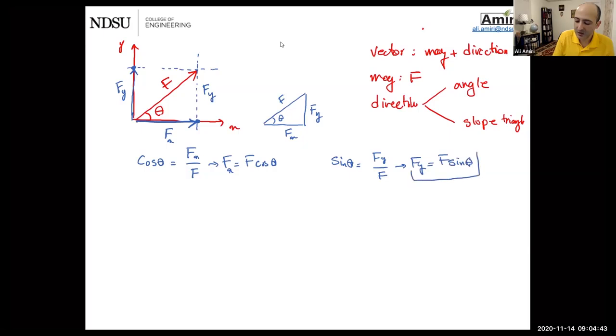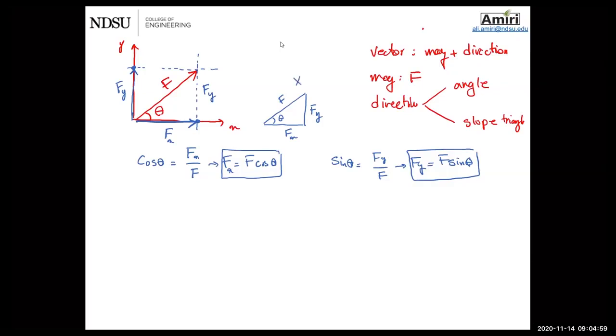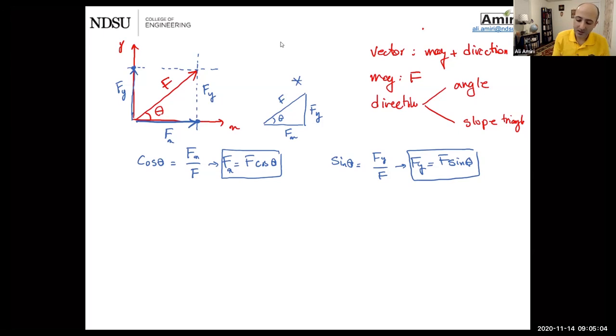This is how you find the 2 components of a vector if an angle is given. This angle can be with any of the axes: positive x, positive y, negative x, negative y, it doesn't matter. As long as you can see that triangle, you're able to figure it out. So that's the angle.